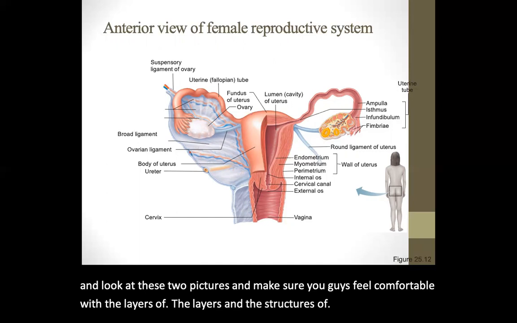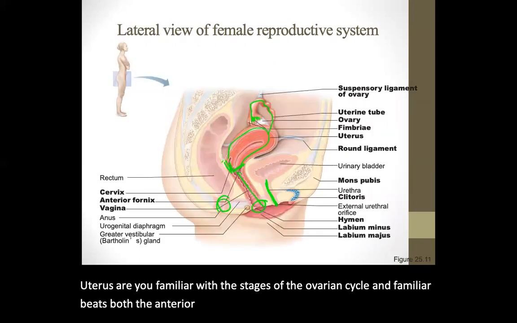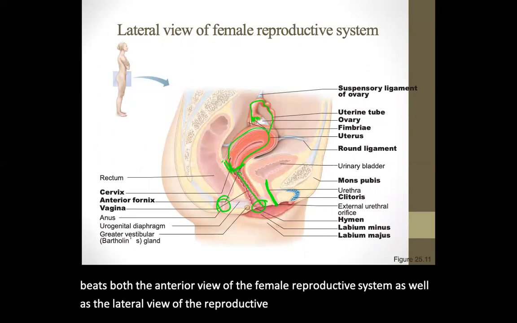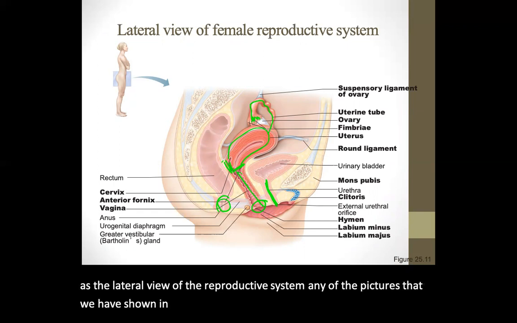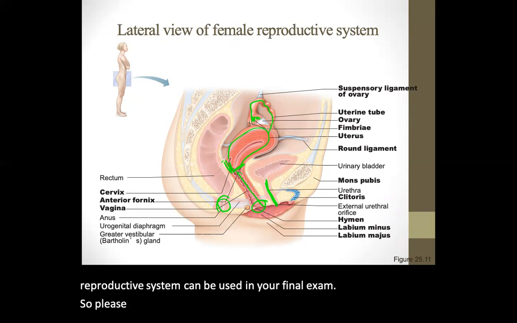You're familiar with the stages of the ovarian cycle, and familiar with both the anterior view of the female reproductive system as well as the lateral view of the reproductive system. Any of the pictures that we have shown in the PowerPoint for both male and female reproductive system can be used in your final exam. So please make sure to take your time and review them and let me know if you have any questions.